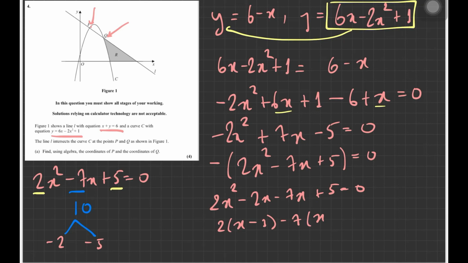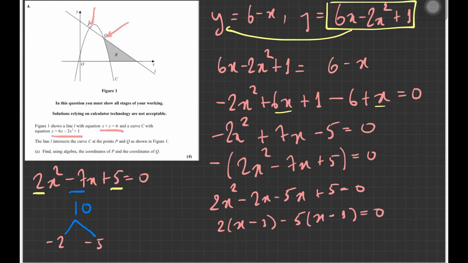Sorry, I realized that I replaced the wrong value here. This is supposed to be 5, right? I had to replace both. So I'm going to make the change here as well. And this will be minus 5x plus 5 is equal to 0, right?